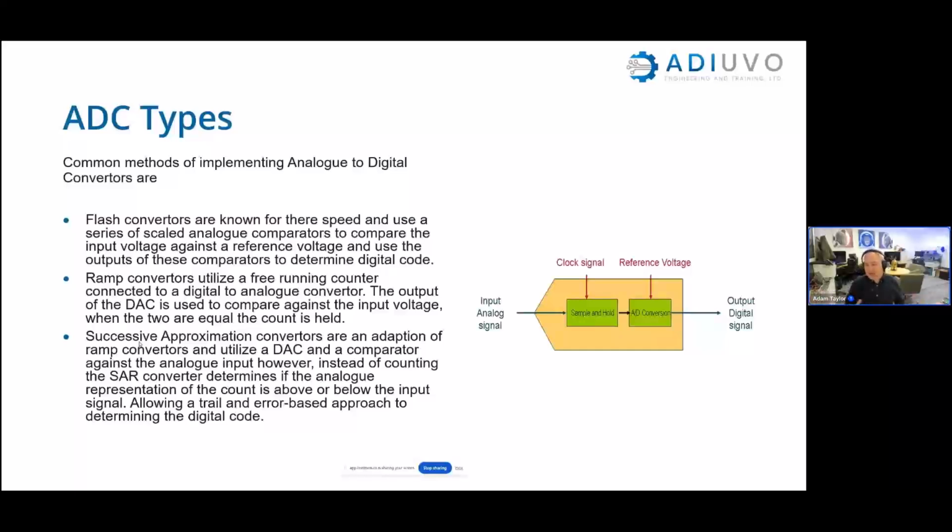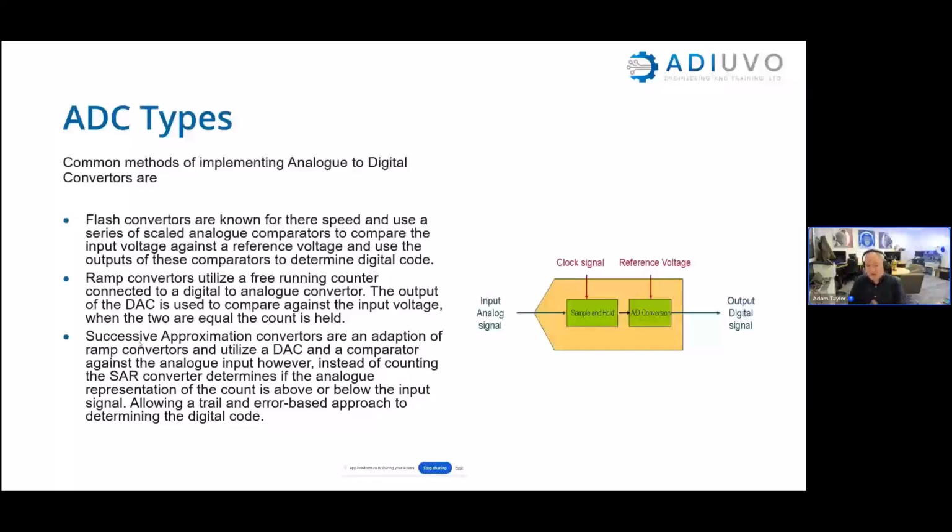However, how it does that A to D conversion varies depending upon the technology of the ADC that's being implemented. We might use a flash converter because obviously we want speed. A flash converter will use several analog comparators against the input voltage and reference voltages to work out what the digital code is.